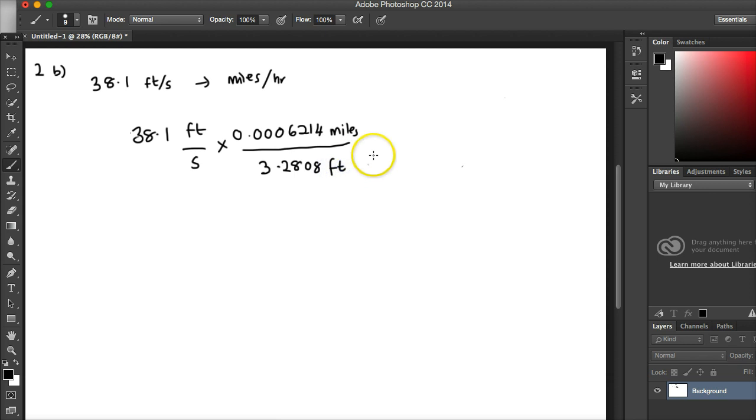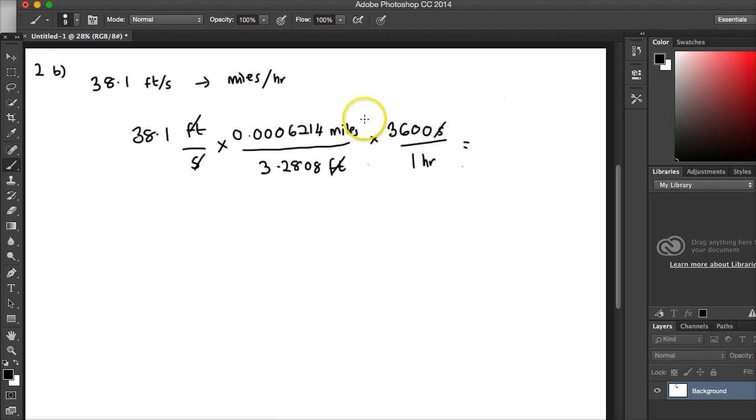feet. And then for the time, we need to convert from second to hour. So 3600 seconds is equal to 1 hour. So yes, that cancels out. Feet and second also cancel out.